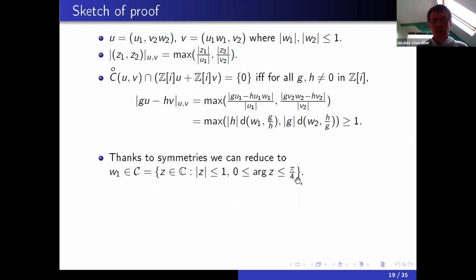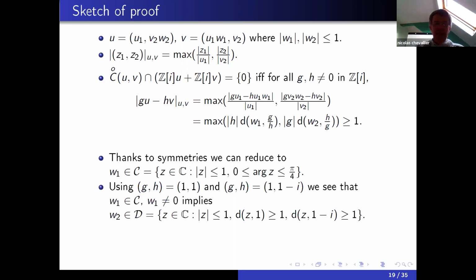This is because we can use the symmetries which are the multiplication by i and also the conjugation of complex numbers. And now, if we suppose that W1 is in C here, in this sector, then if we try some special pairs of Gaussian integers G, H, we can see that this sector is inside the circle of center 1 and of radius 1.